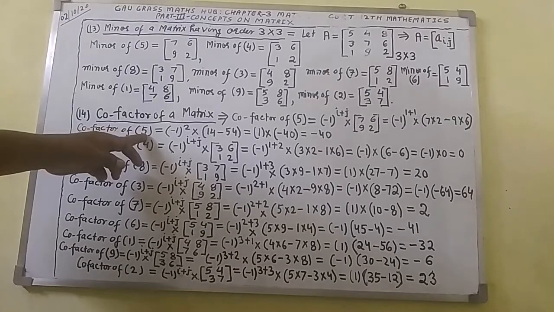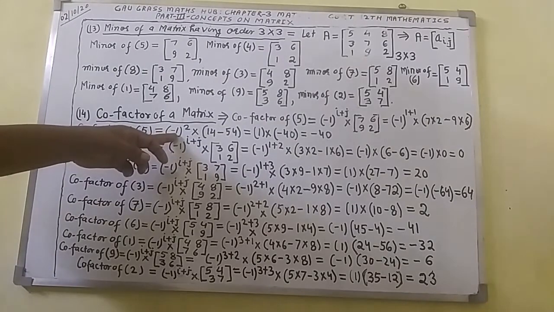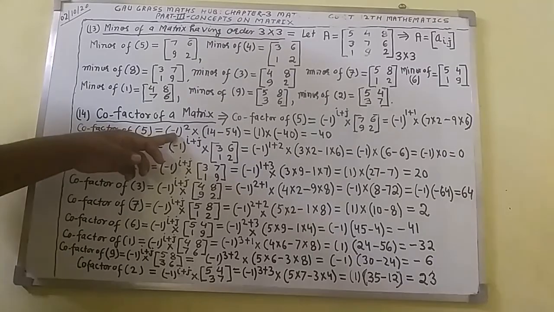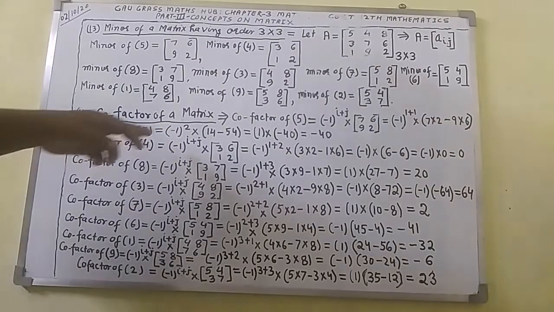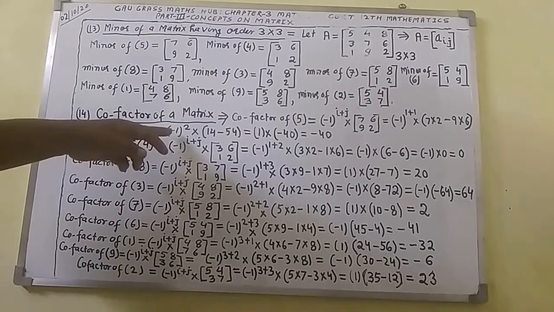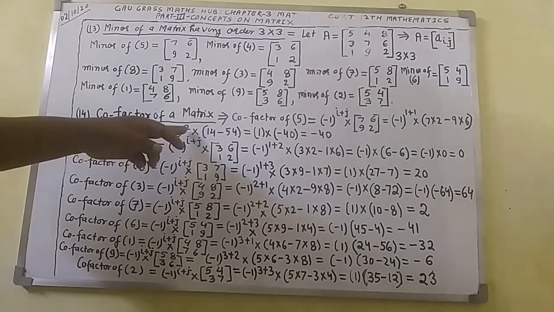Cofactor of element 5 equals minus 1, which is a constant and fixed. It will not change at any cost. Minus 1 is a constant.